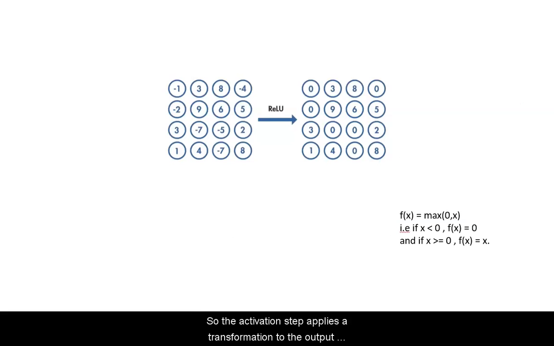So the activation step applies a transformation to the output of each neuron by using an activation function. For example, ReLU is a very commonly used activation function, and as we know, it takes the output of a neuron and maps it to the highest positive value, or if the output is negative, then it maps to a value of 0.